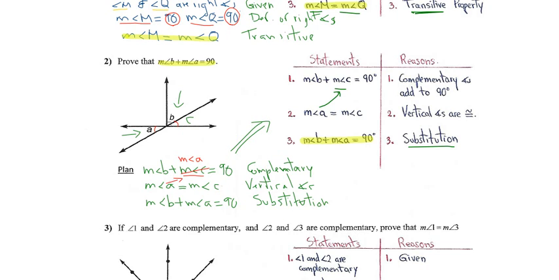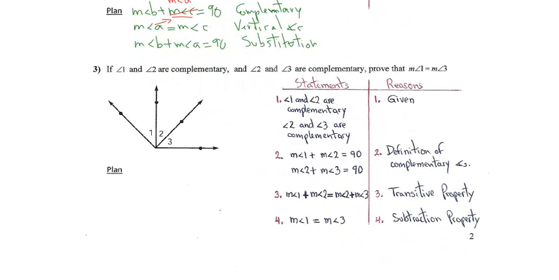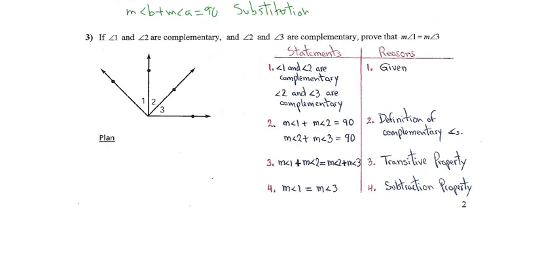And finally, the next one, I'm going to go directly to the proof. So we look at what it is that we're given. In this case, it says if angle 1 and angle 2 are complementary, and angle 2 and angle 3 are complementary, prove that the measure of angle 1 is equal to the measure of angle 3.